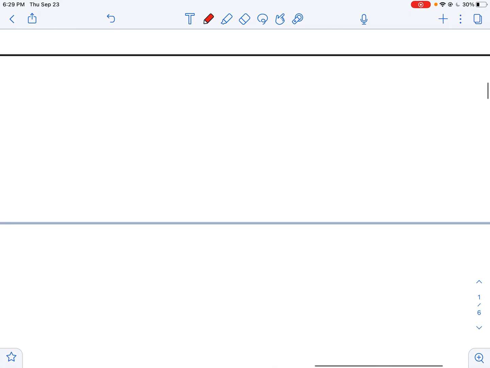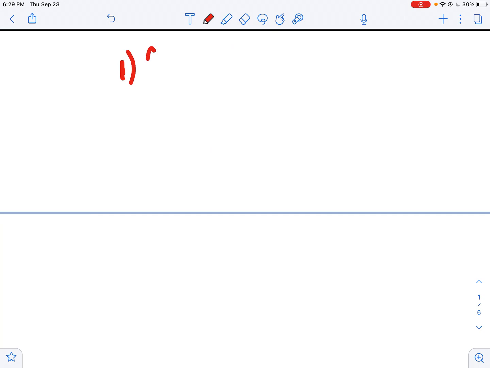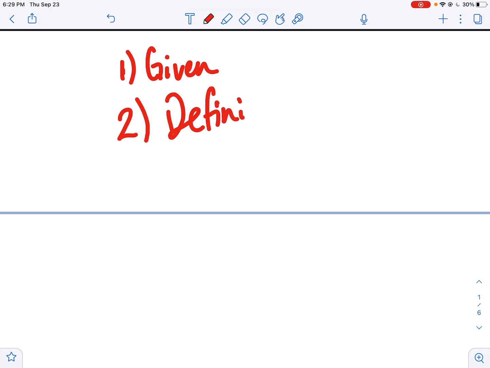And in general, we'll start our proofs with the given statements. So you start with the givens. After the given statements, you want to do any definitions. You want to define any vocabulary words that might be in your given statements or in the pictures.